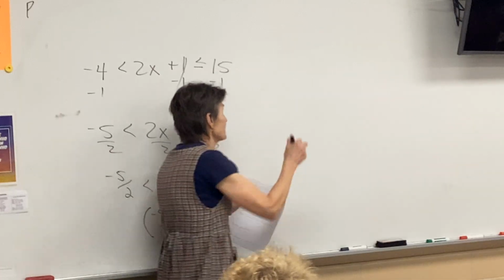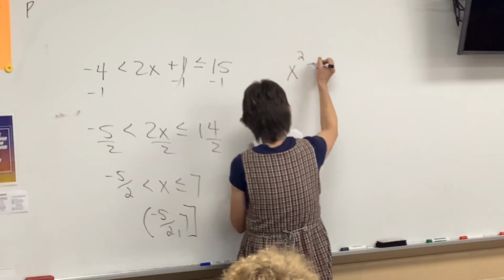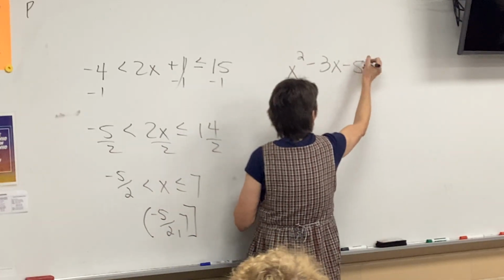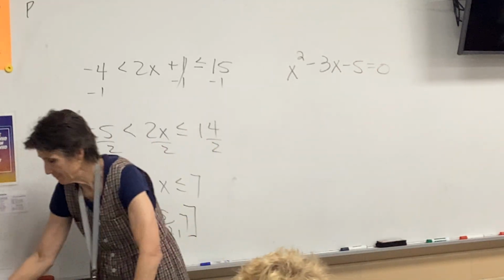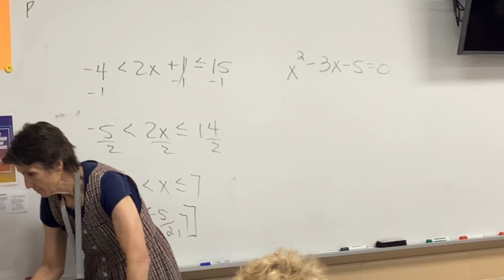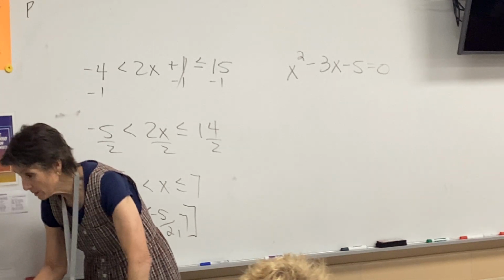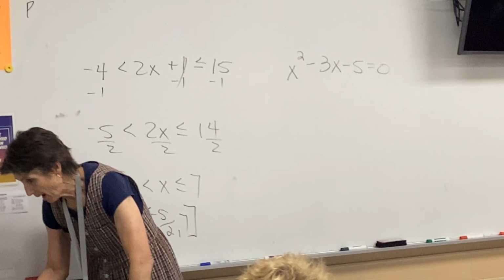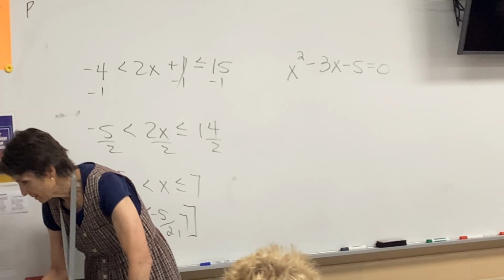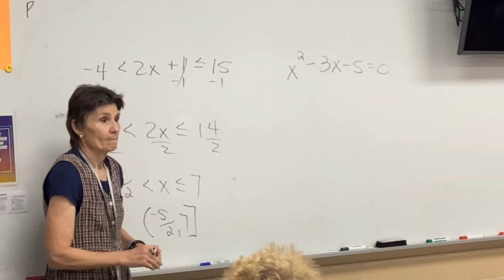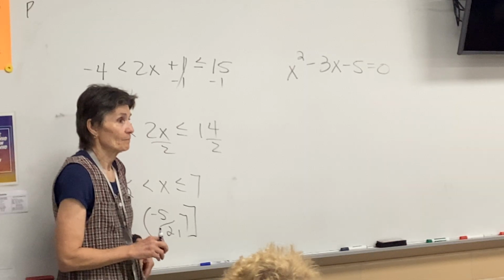Number 6, this one, oh my gosh, I hope everyone gets right. How do we solve that? Okay, factoring would be an option. I'm not sure this one factors though. What do you think? Do you think it factors?